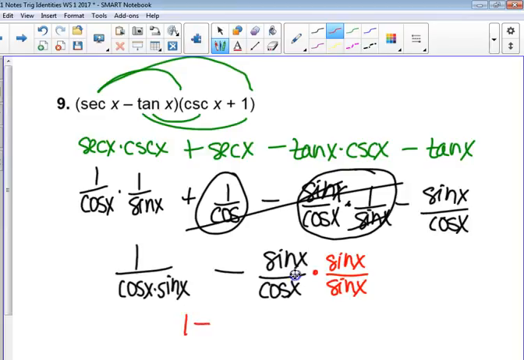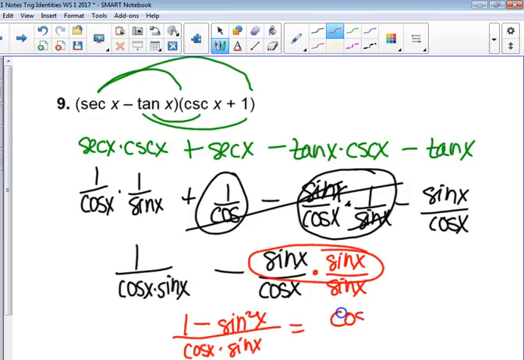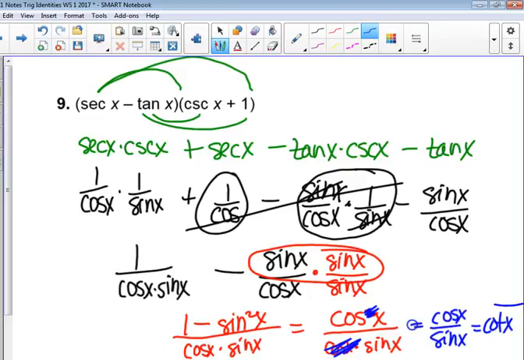So we'll have 1 minus sine squared over our common denominator, which is a cosine times a sine. That's a Pythagorean identity, right? 1 minus sine squared is cosine squared. So if we cancel the squared with one of these guys, I don't know.